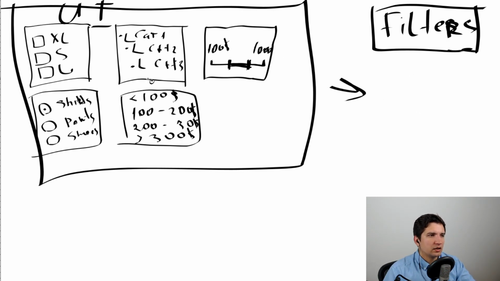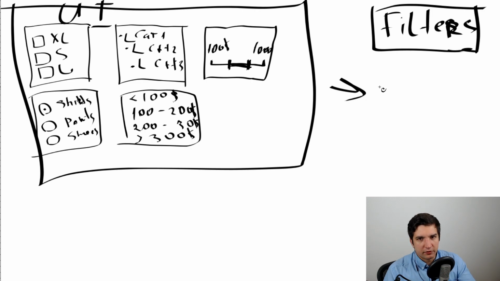Let's say selecting one of the categories can also be narrowed down to an in condition. We don't need to have an equal condition there. We can just reuse the same logic. Range is a little bit different, it's a between condition. This one is still an equal or an in condition, and this one is just a range.